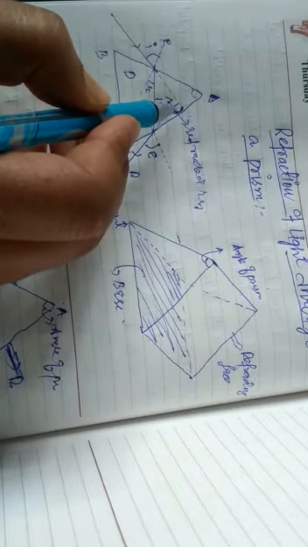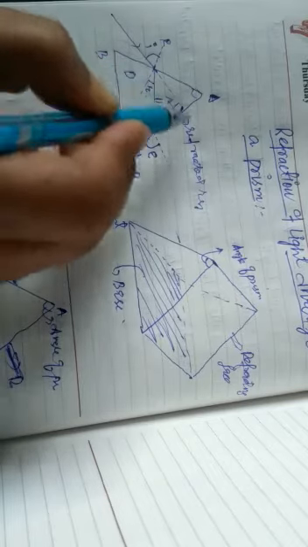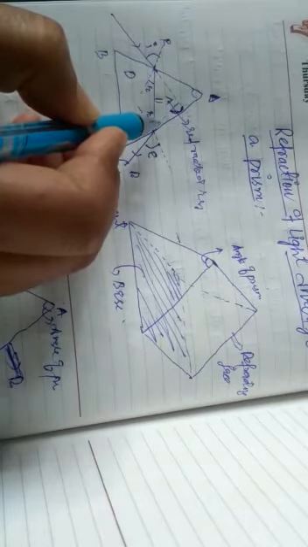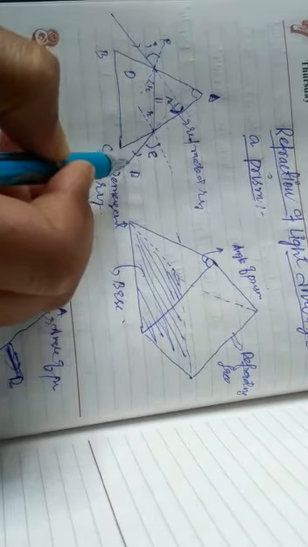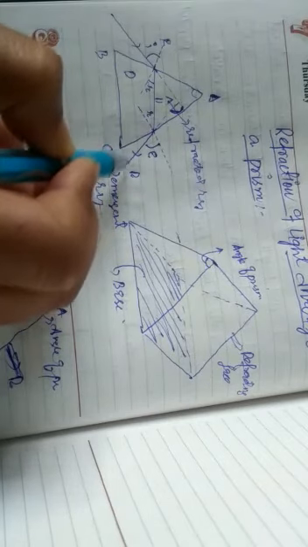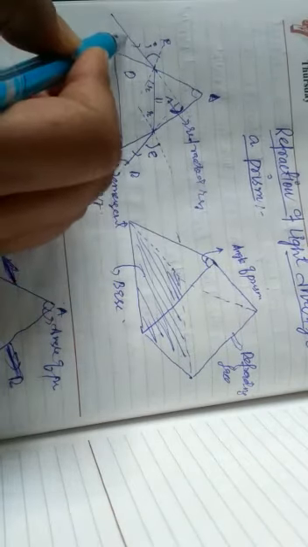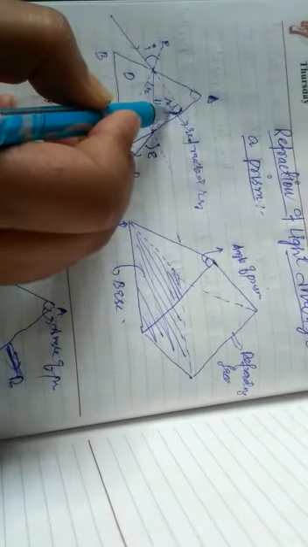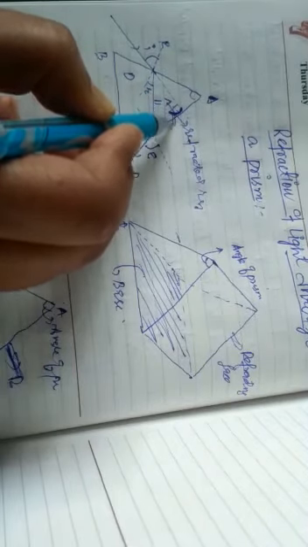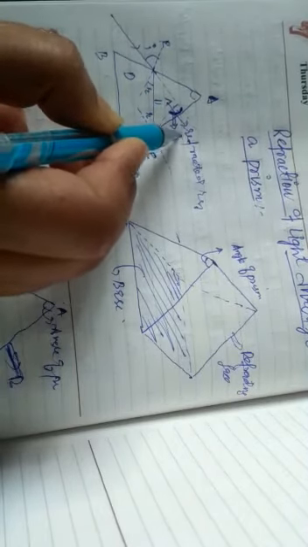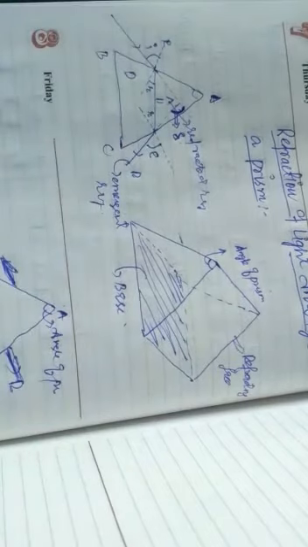The angle of deviation of a ray of light is defined as the angle between the directions of the incident ray and the emergent ray. I will produce this forward and this backward, they will meet at a point, and this angle is called the angle of deviation, delta.